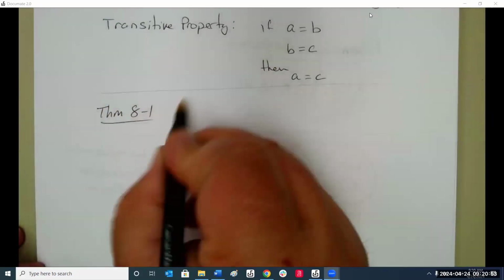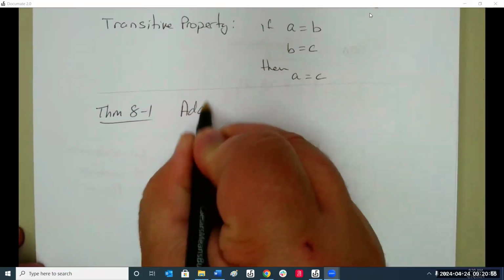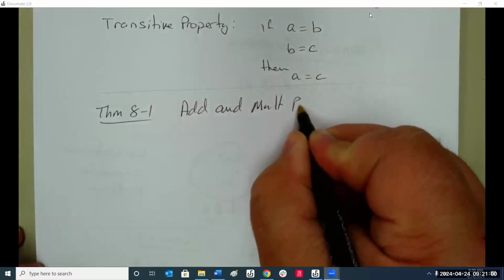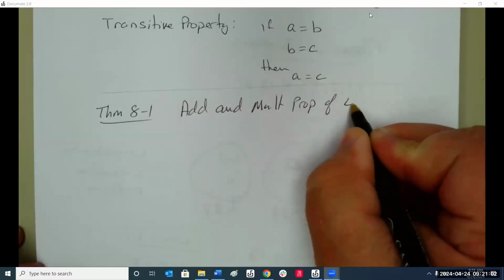Theorem 8-1 says the addition and multiplication property of equality.